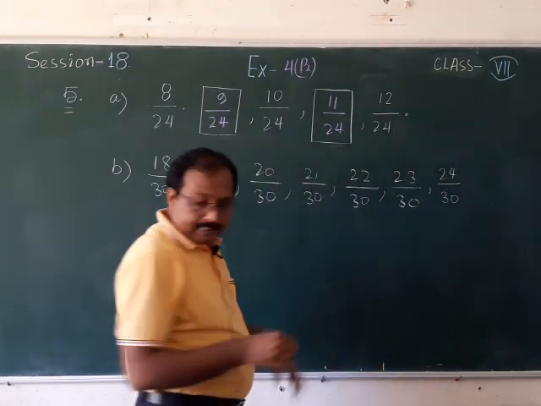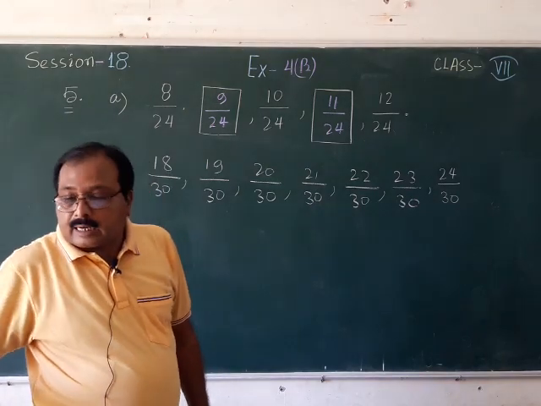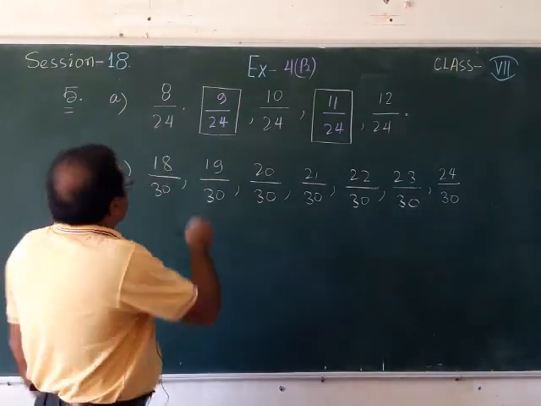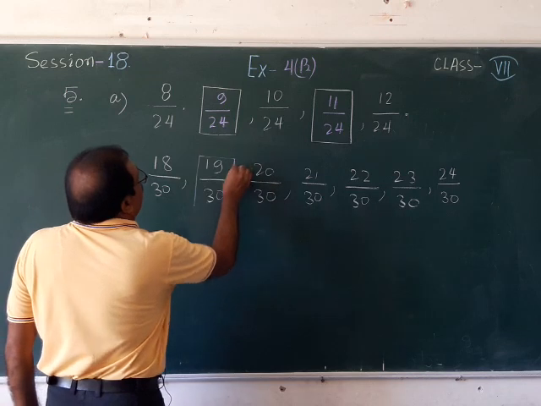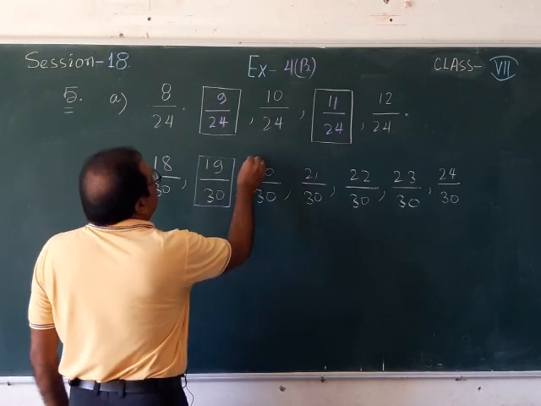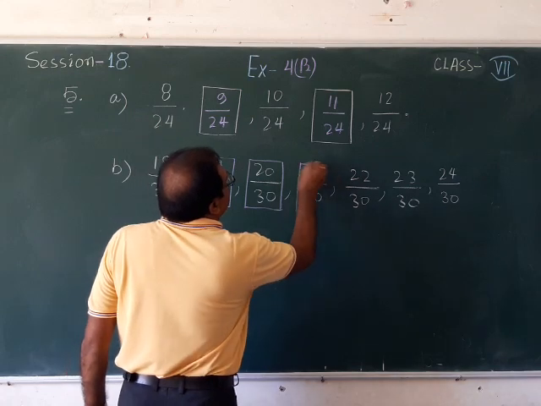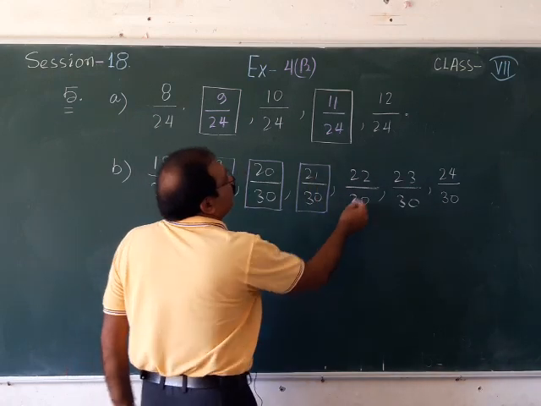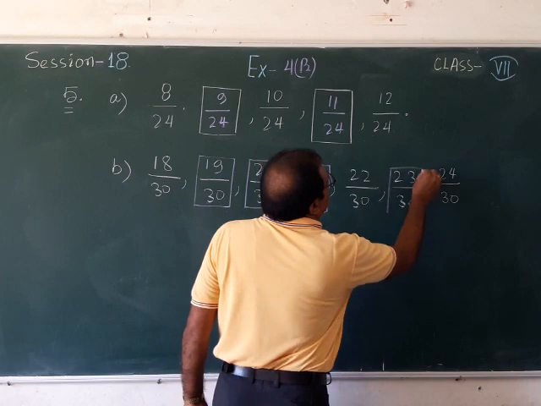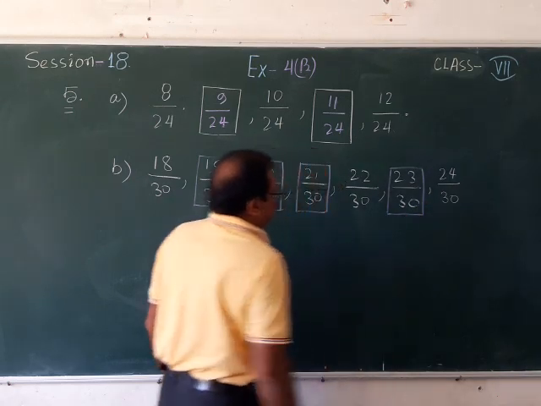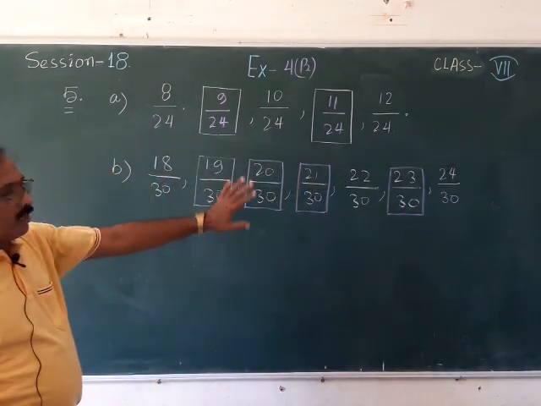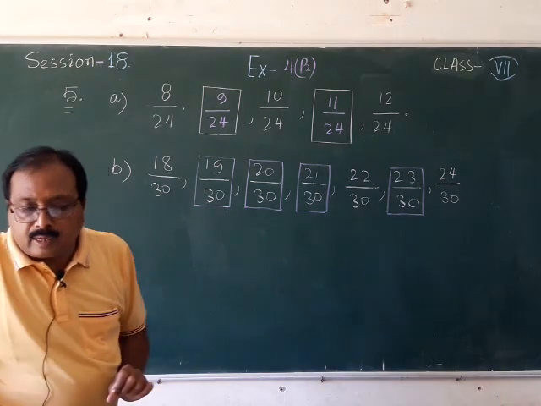So these are the fractions which you can write in between. In the boxes, the first box you can fill 19 upon 30, then 20 upon 30, then 21 upon 30, then 22 upon 30. Like that in the fill in the blanks you can fill the numbers.